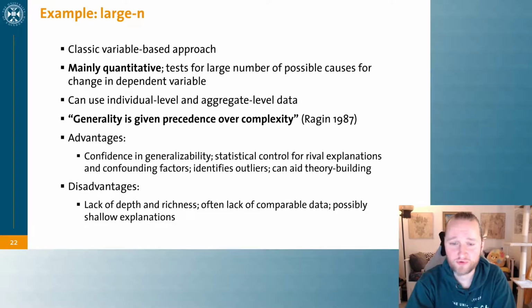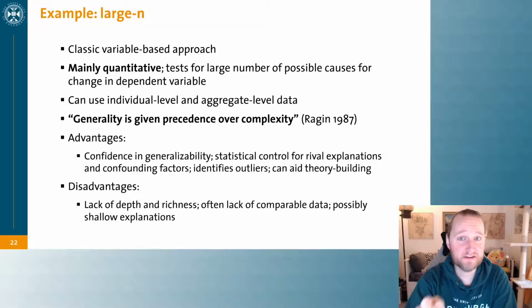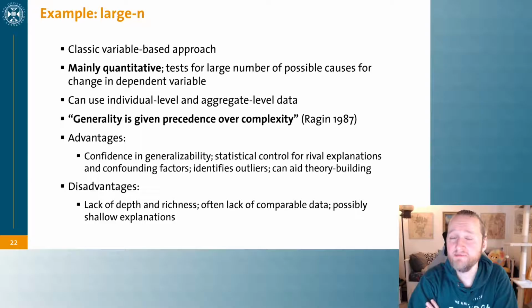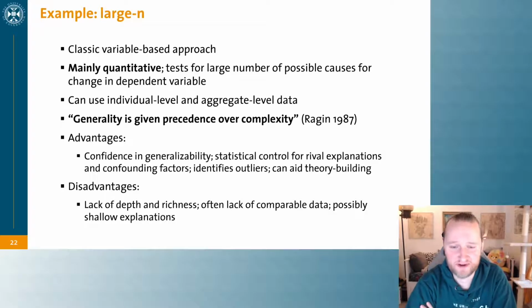We can control for rival explanations, so we can test our explanation versus others. We can identify outliers better, because once we've looked at, say, 100 countries, we know exactly which countries adhere to our explanations and which ones deviate from it. And we can theory build based on which factors we actually notice are correlated with our dependent variable.